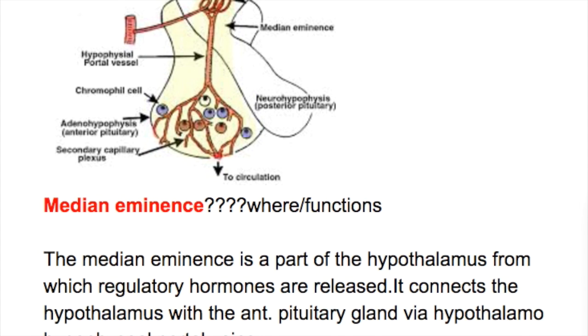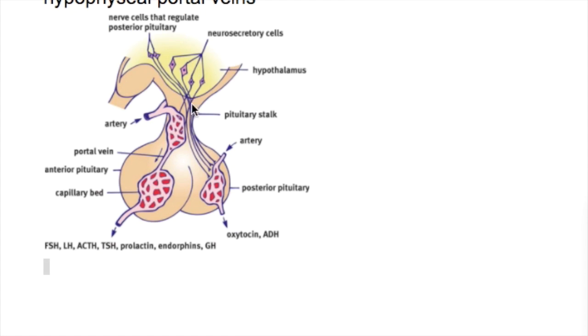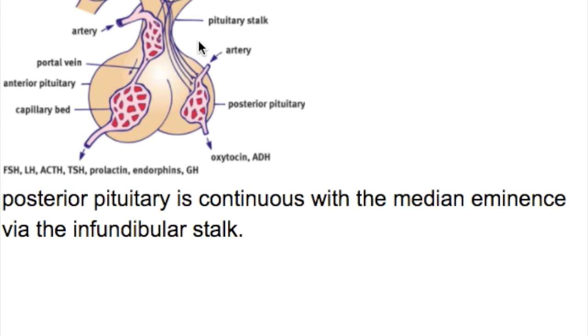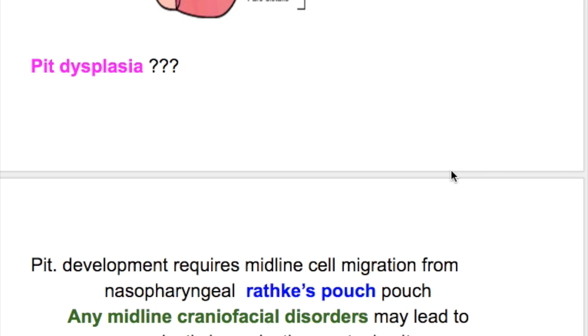These are the hypothalamic neurosecretory neurons producing releasing and inhibitory hormones, and here is the median eminence, connected with the portal system of veins to the anterior pituitary gland, whereas the posterior pituitary is continuous with the median eminence via the infundibular stalk.